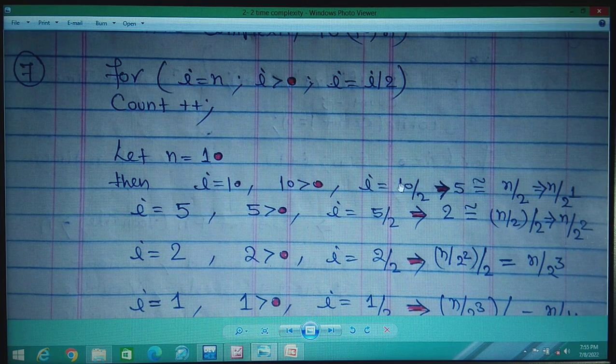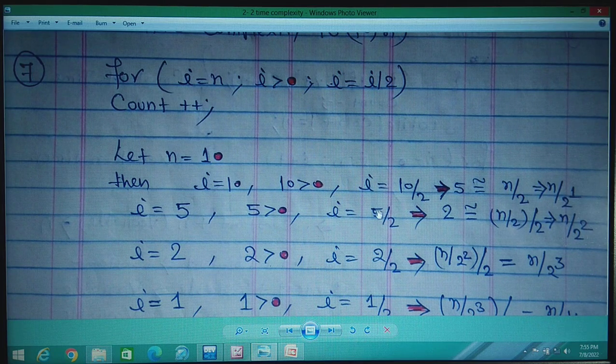Now once i is equal to 10 upon 2 is equal to 5, the value of i has been changed. Before it was 10, and we have the condition i is equal to i upon 2. In this condition your i has been changed. Now i is equal to 5. Again 5 is greater than 0. Yes, it will work.